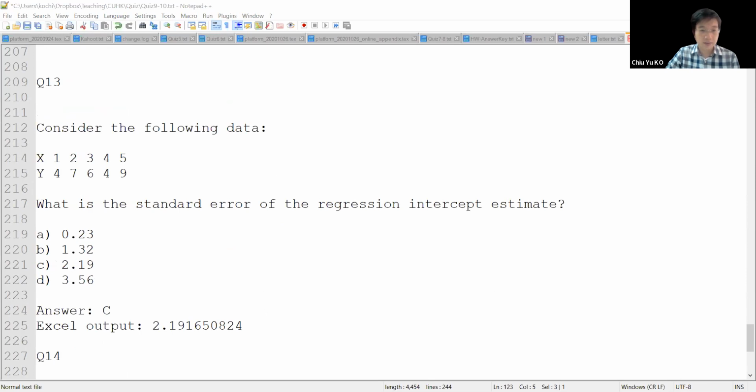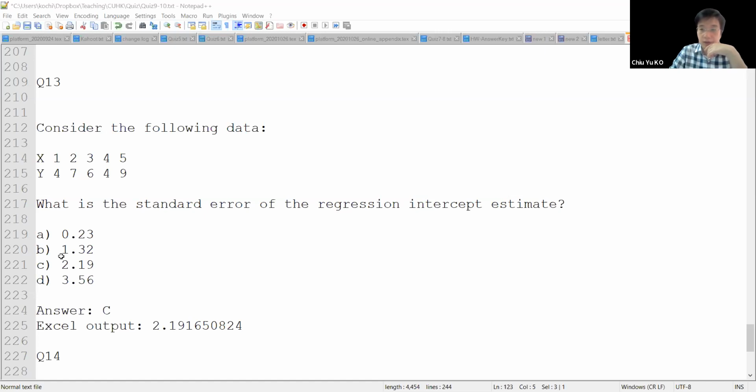So this is the data set. This is X and this is Y. Maybe I make it bigger. Then what I will be doing is the same thing as before.